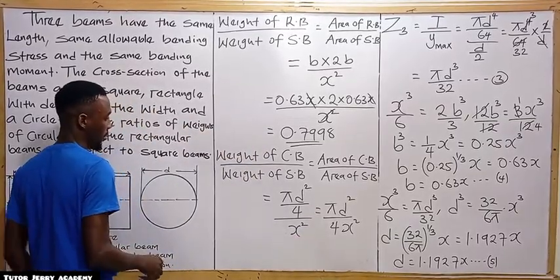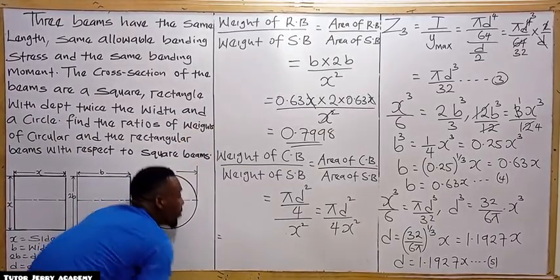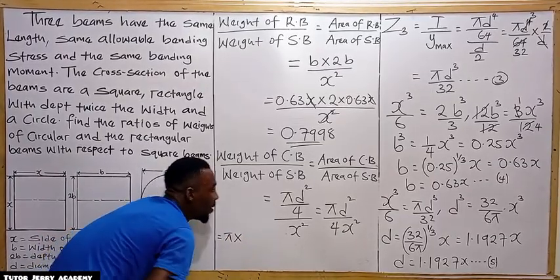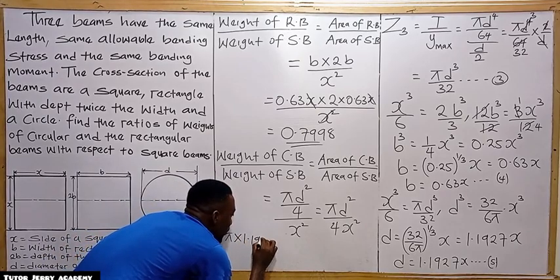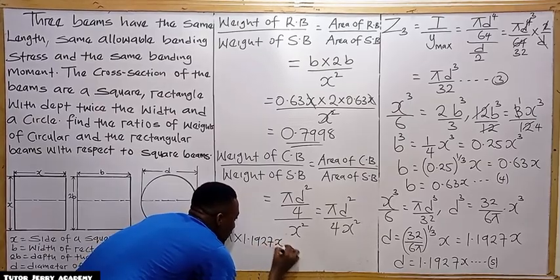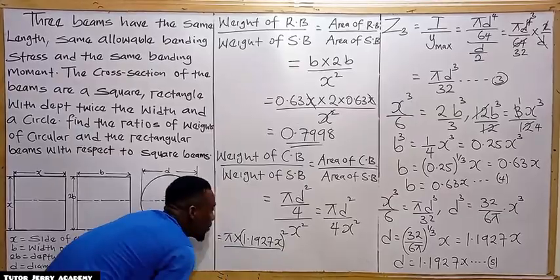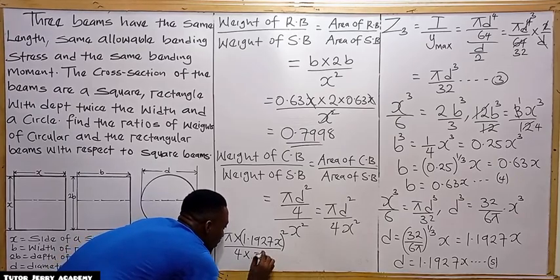So this is going to be pi multiplied by our d, which is 1.1927s all squared, all over 4 multiplied by s squared.